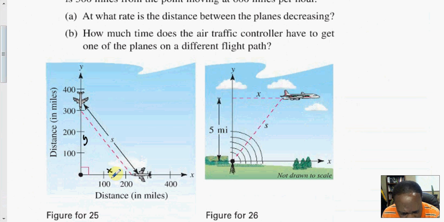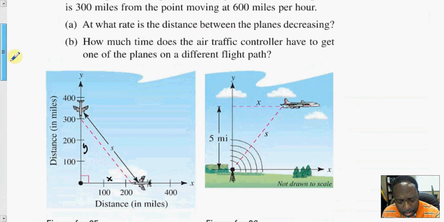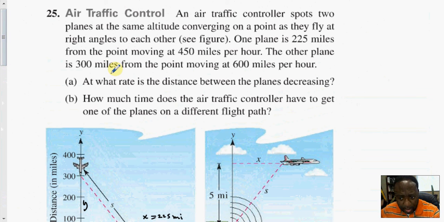And it looks like the X is going to be the 225 miles. So X is 225 miles, and dx over dt is going to be the 450 miles per hour.